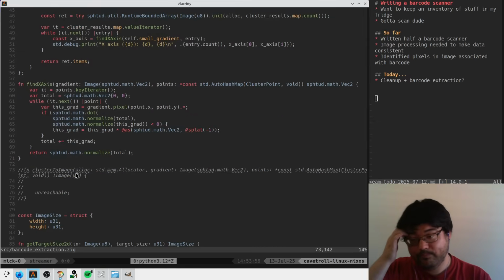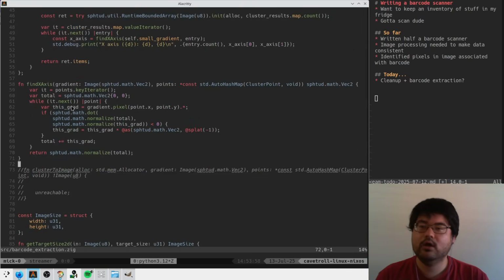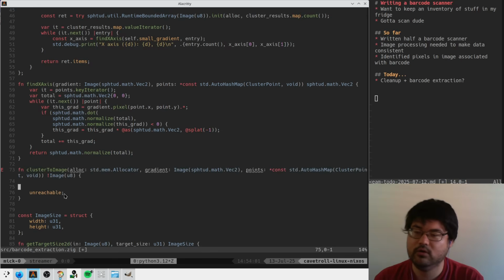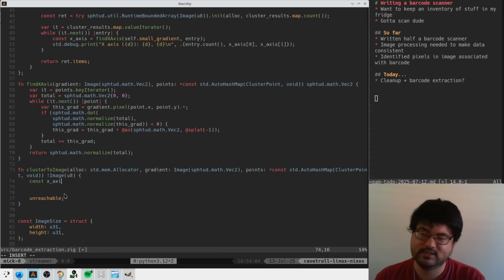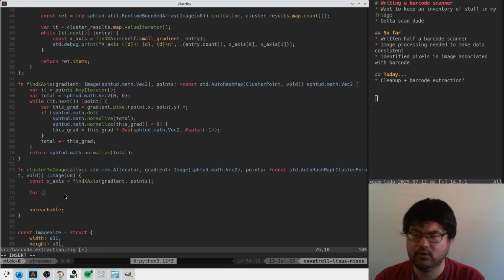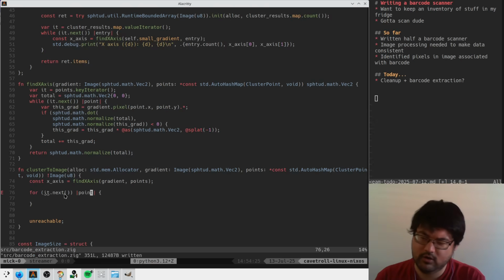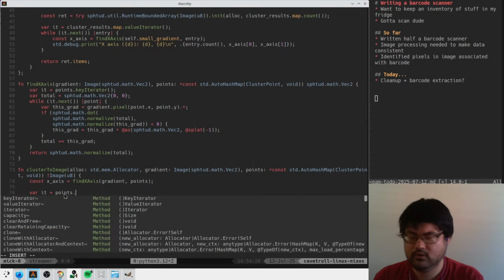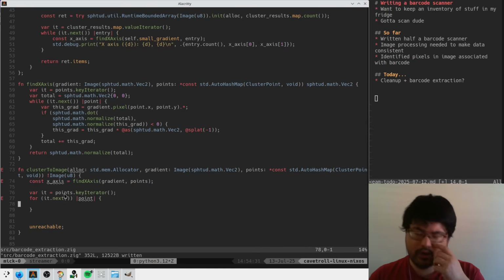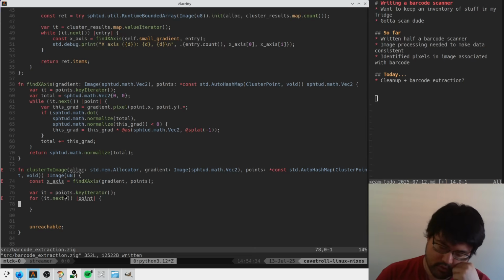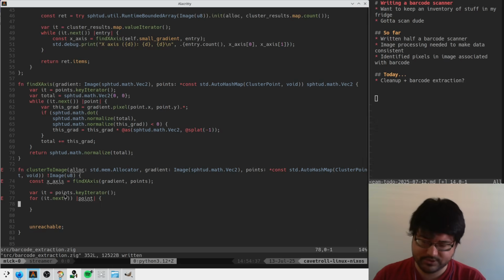So for each point here, we should be able to find the x-axis of gradient and points. For each point, so this is our second iteration over our points. We rotate it around.